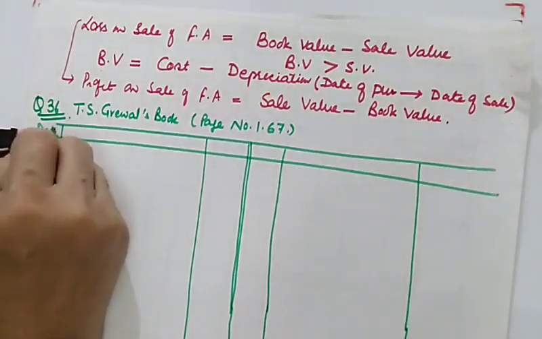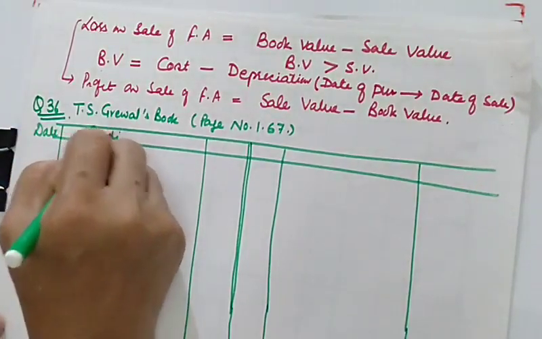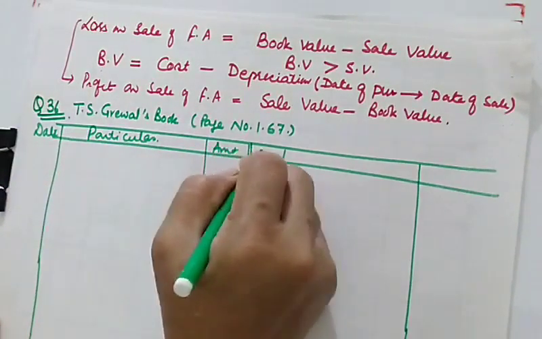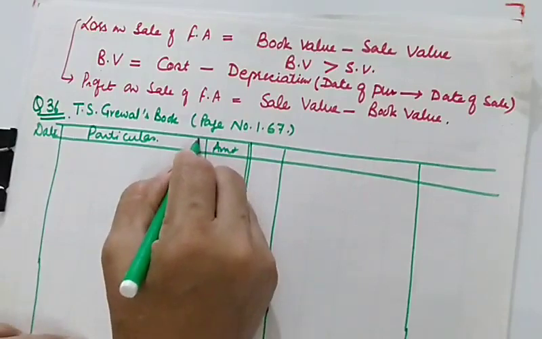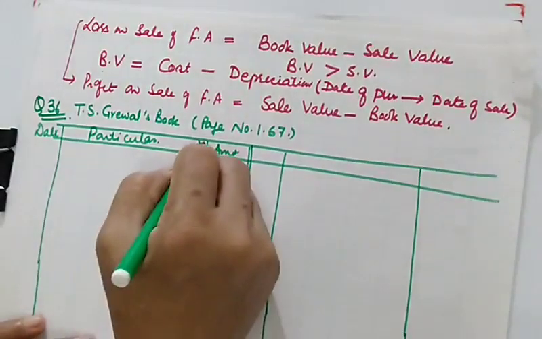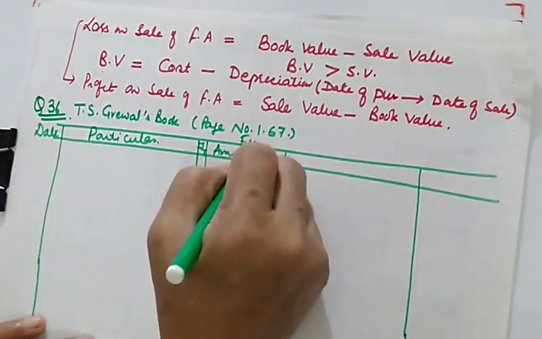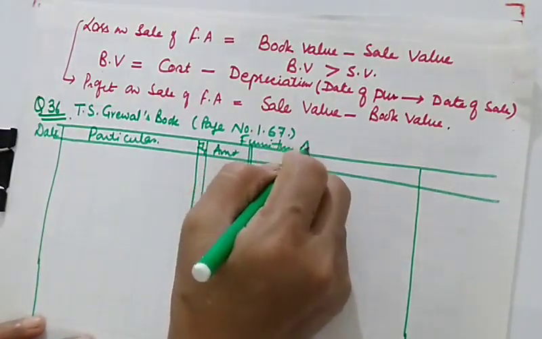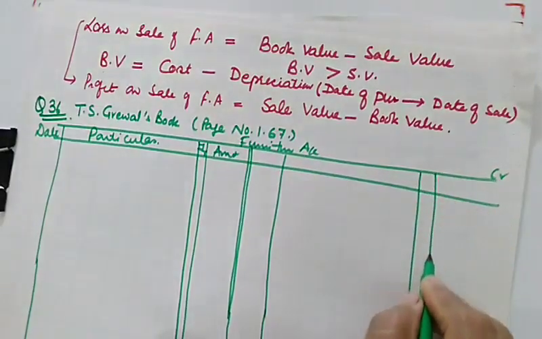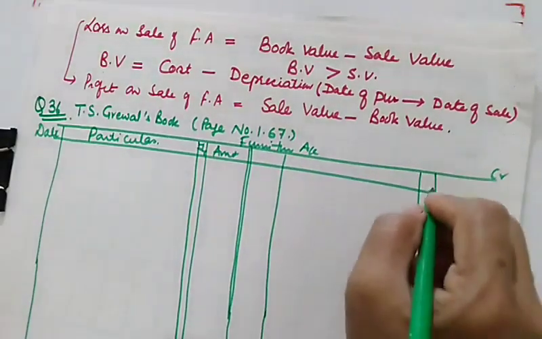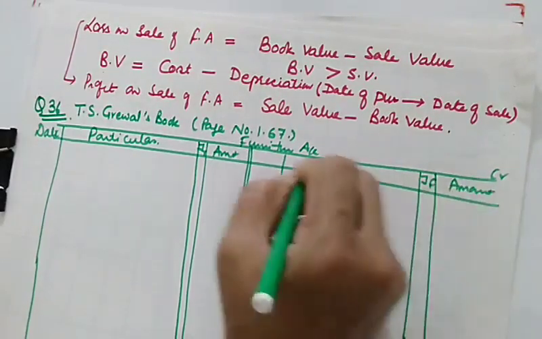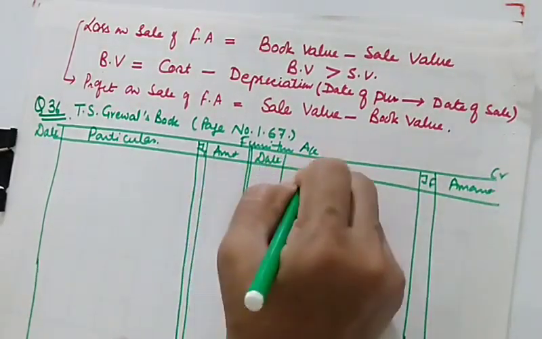So here date, particulars, amount, and there will be a column for JF also, journal folio, and this is my furniture account. All those formalities you need to do. Similar columns will be repeated here also. Date, particulars, amount.